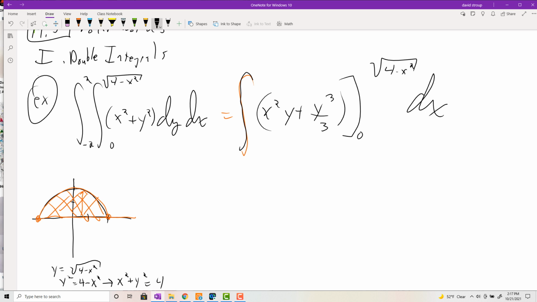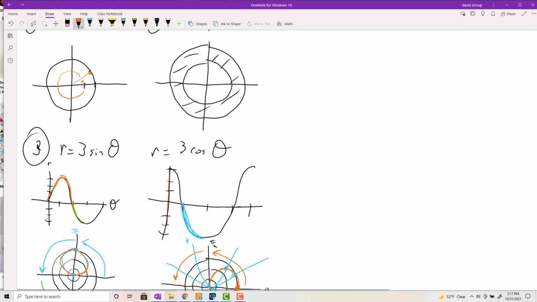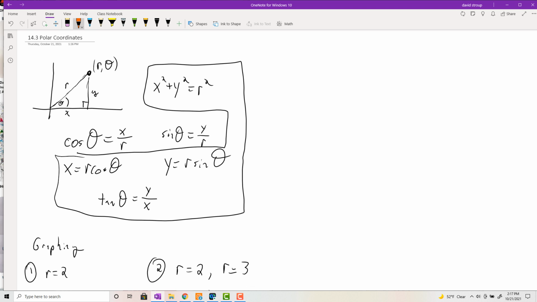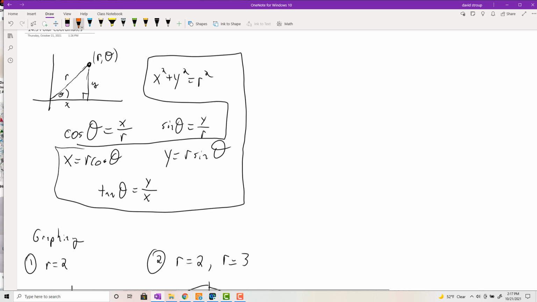So what you want to do instead is convert to polar coordinates. And how does that work? Well, you use your conversion formulas first off for the integrand. So this junk in here I can replace with r squared, because if you remember our conversion formulas, one of them said x squared plus y squared is r squared.